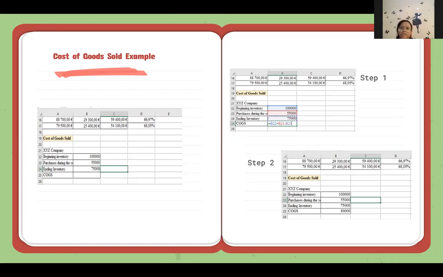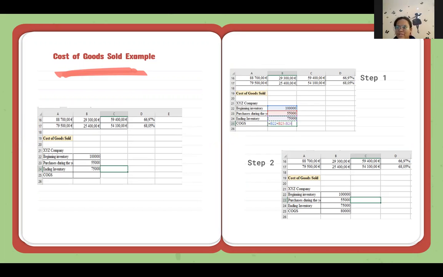So the formula for the cost of goods sold, which will be, first we will take the beginning inventory and we add the purchases during the year, and then finally we subtract the ending inventory. So in the cell, as you can see, we are going to take the cell B22, which you can see on the right side of the slide.